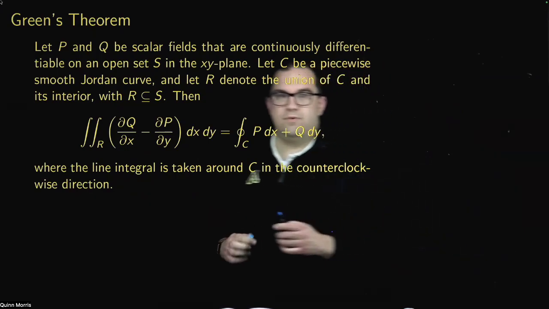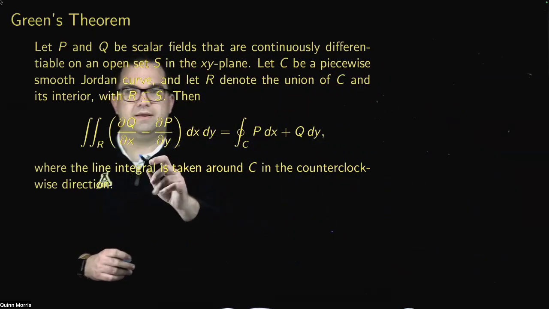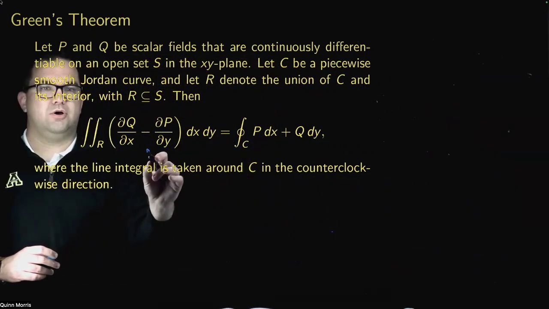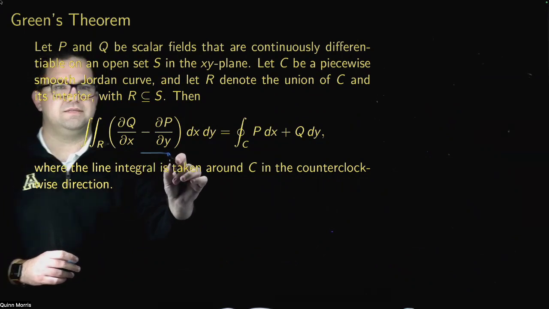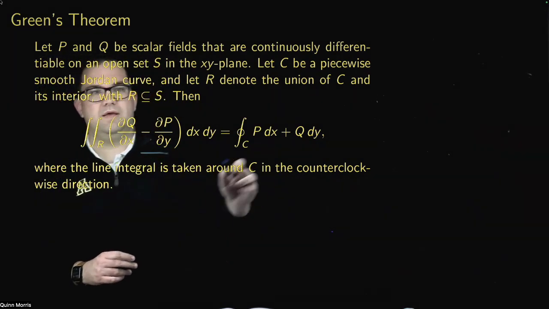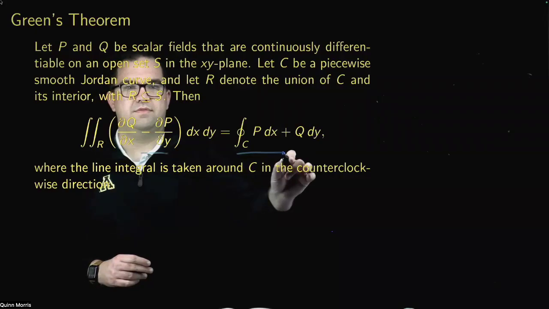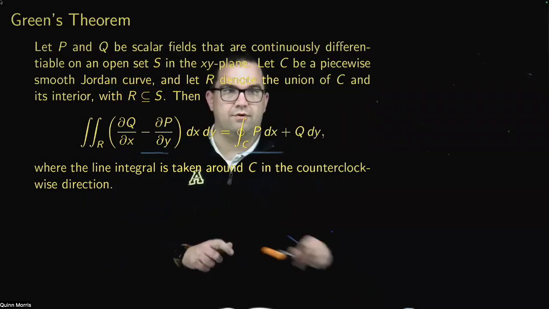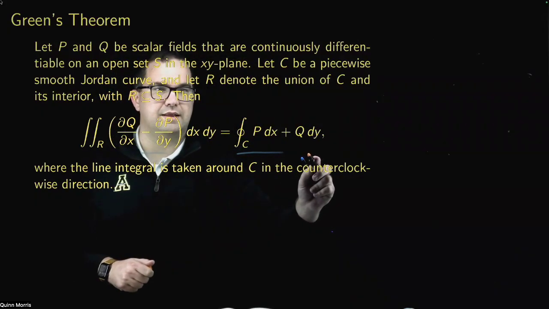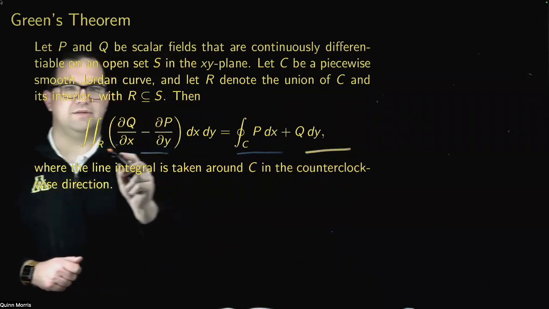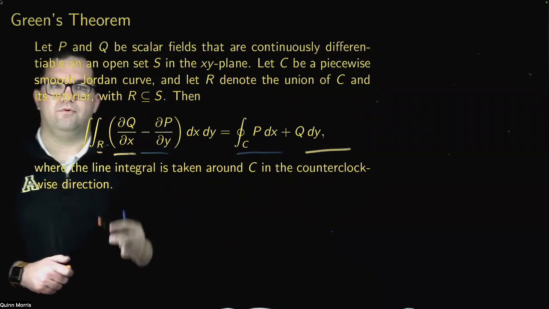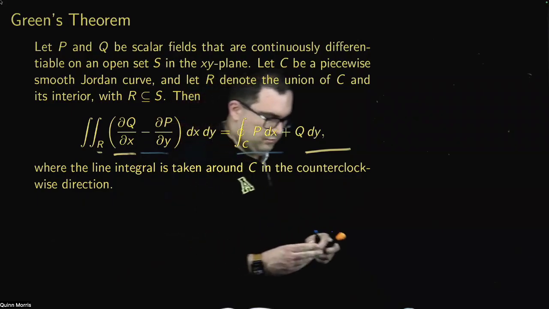So another way to think about this is that I am showing this equality by showing that the integral of this piece matches up with this piece of the line integral, and this piece of the line integral matches up with this piece of the double integral. And that's really what I'm going to do.